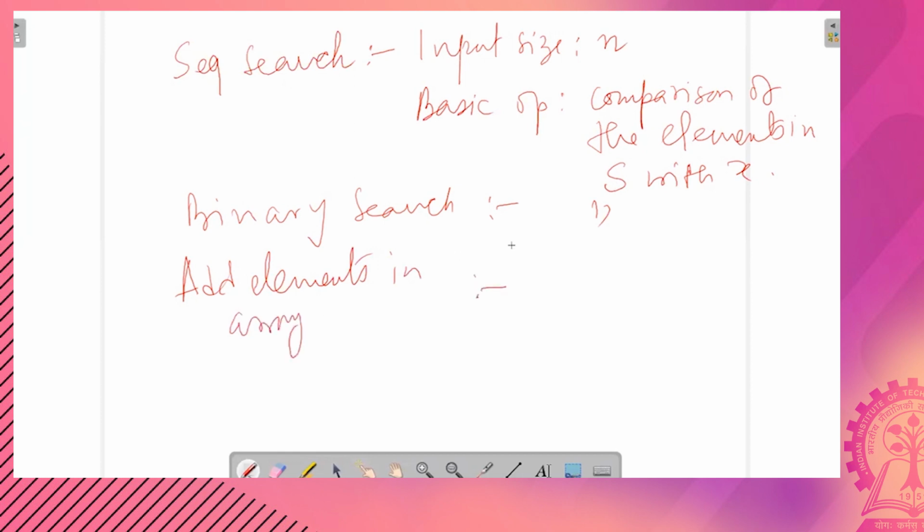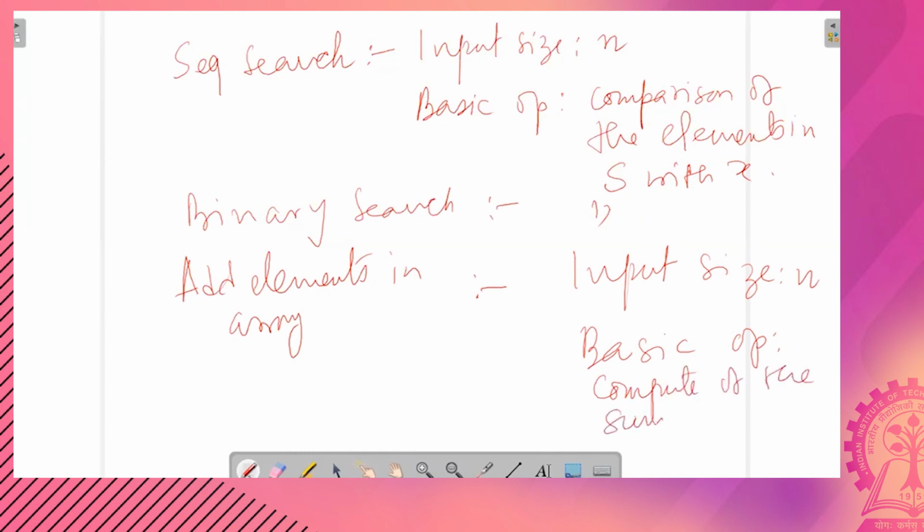Again, input size n, basic op, computation of the sum in each step.